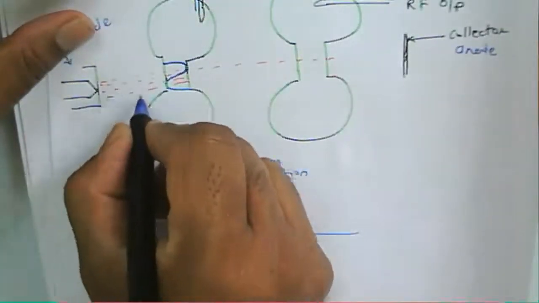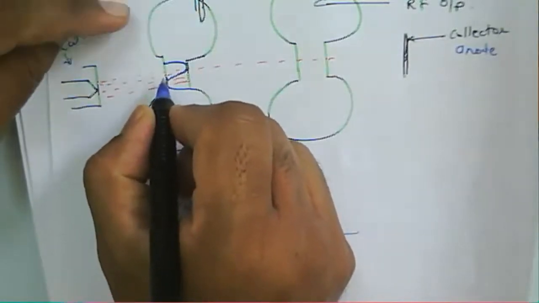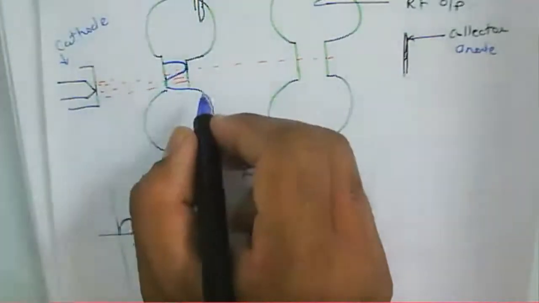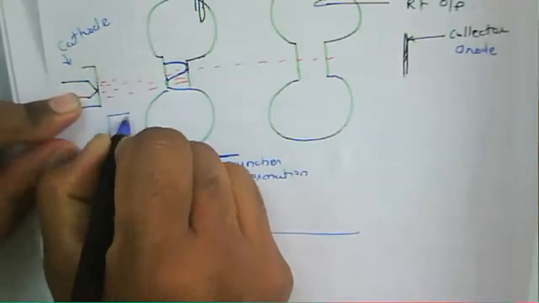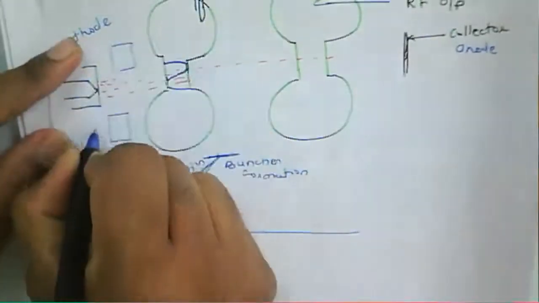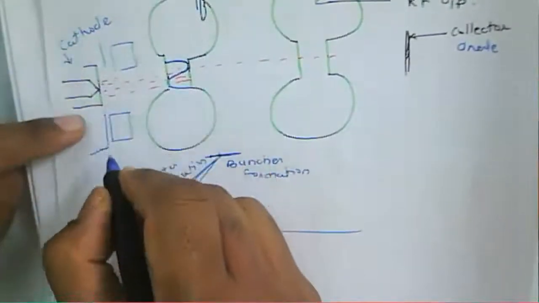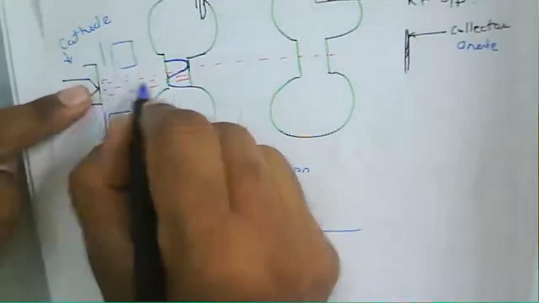Those electrons propagate from the cathode through the buncher cavity. Before that we have the focusing magnet as well as the accelerating anodes. The accelerating anodes are required to focus the electrons in the given direction.